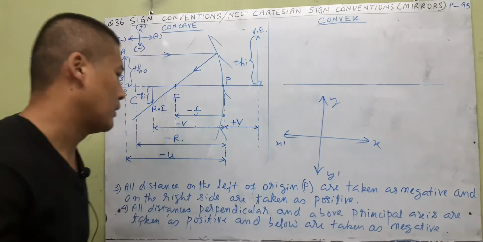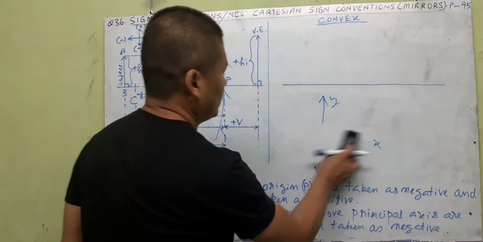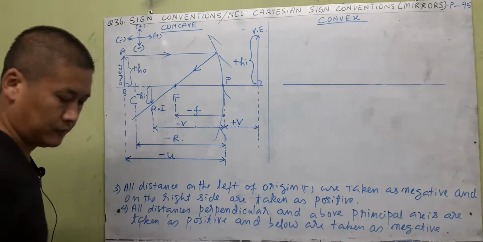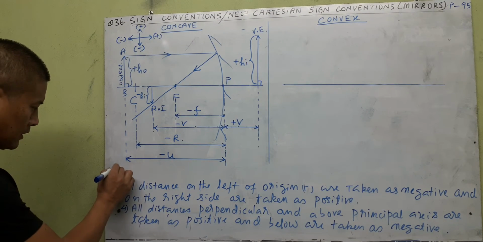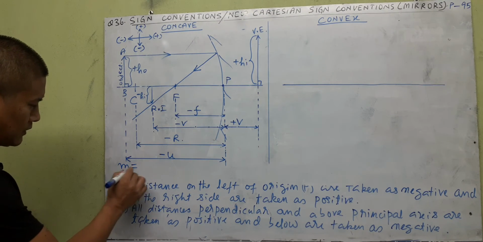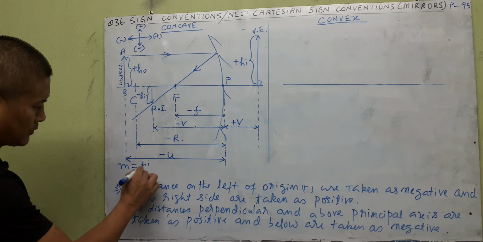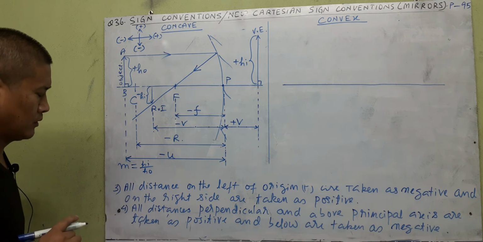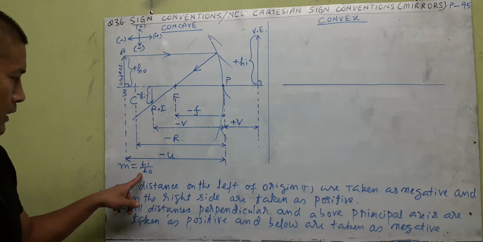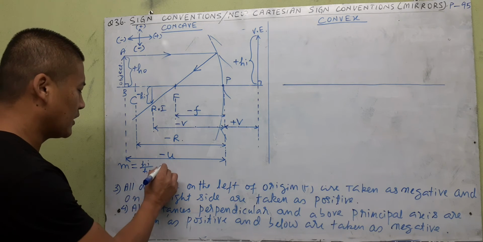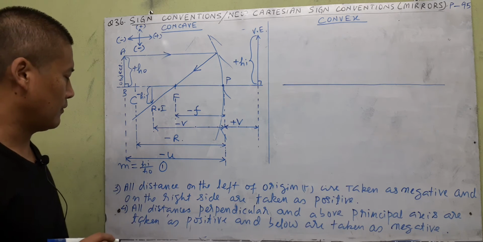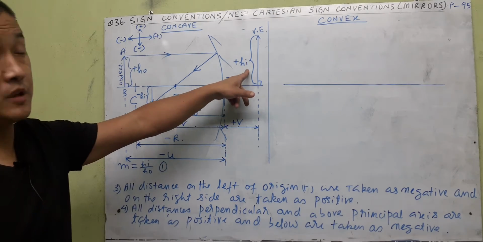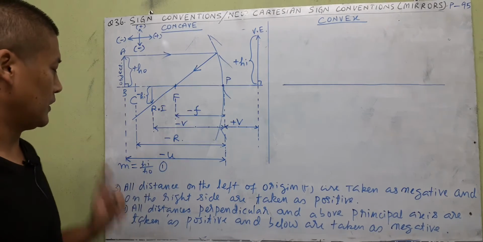Okay, now let us do one more thing before we go any further. Now remember this, the m value is given by the basic formula hi divided by ho, image height by object height. So there will be 2 m values for concave. Why? Because it can form both types of image, virtual erect and real inverted.